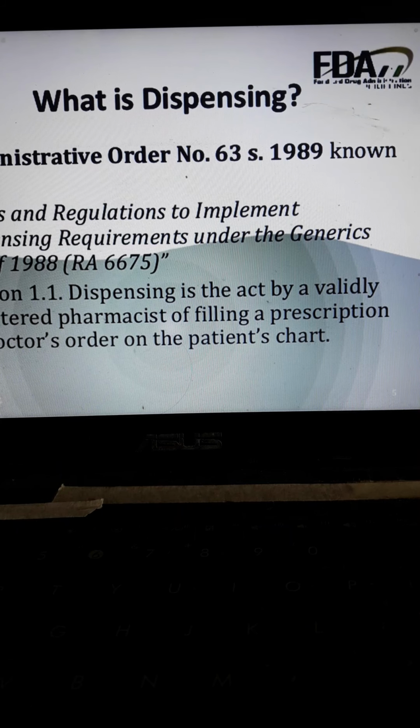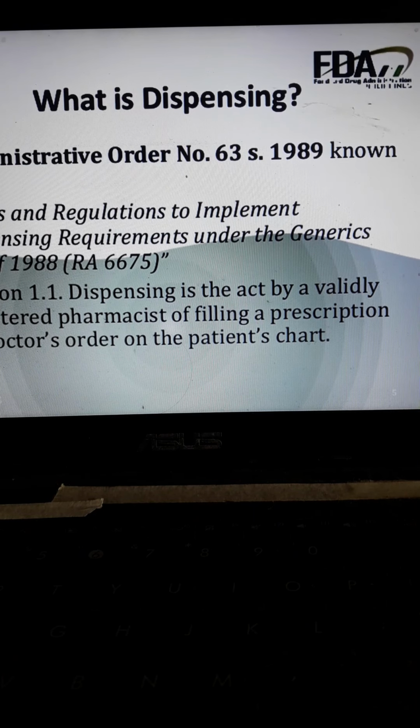So what is really dispensing? Based on the Food and Drug Administration Administrative Order or AO number 63 series of 1989, known as Rules and Regulations to Implement Dispensing Requirements under the Generics Act of 1988 or RA 6675, section 1.1 of that Republic Act 6675 states that dispensing is the act by a validly registered pharmacist of filling a prescription or doctor's order on the patient chart.